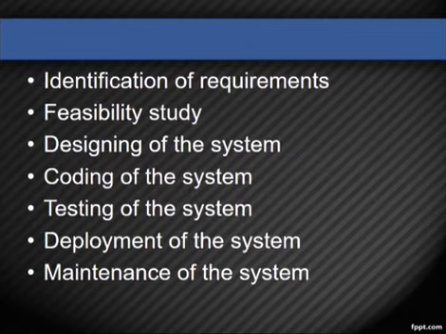First one is the identification of the requirements, then feasibility study, designing of the system, coding of the system, testing of the system, deployment of the system, and the maintenance of the system. Okay. These are the 7 major stages to develop the computer-based system.